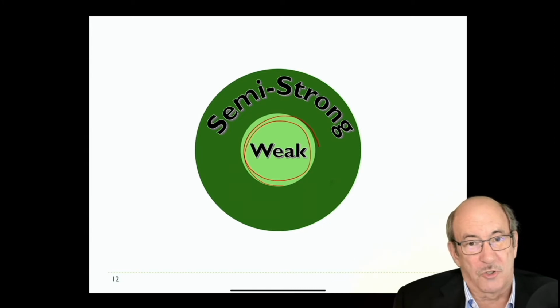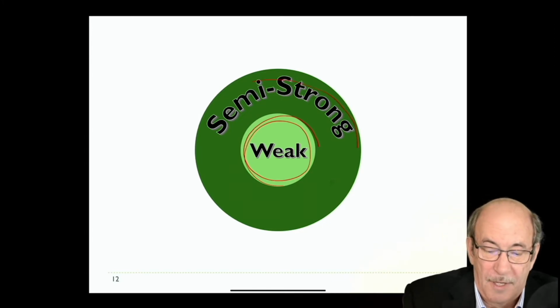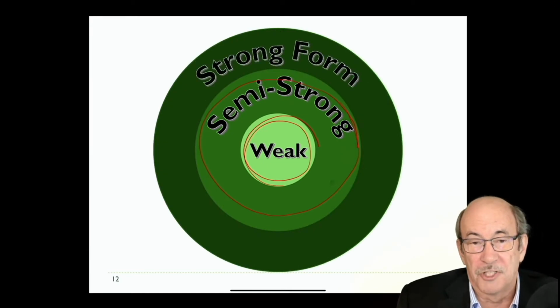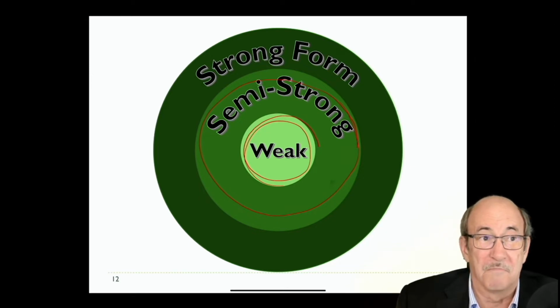But if they're semi-strong form efficient, then that means that they are also weak form efficient. And if they are strong form efficient, then that also means that they are semi-strong and weak form efficient. So the strong form envelops the other 2 forms.